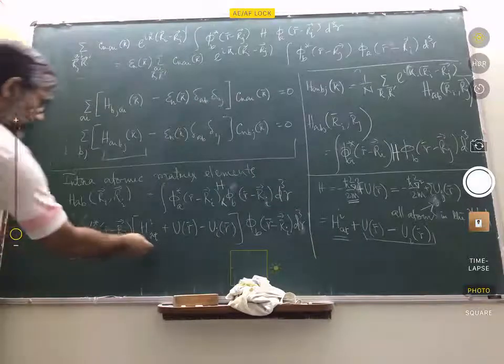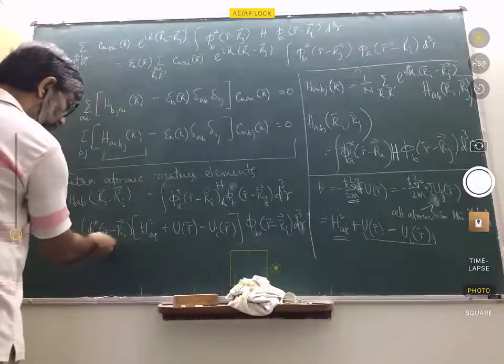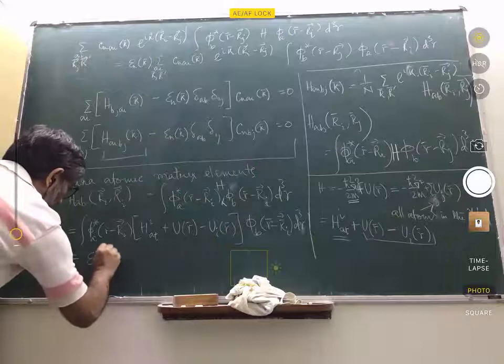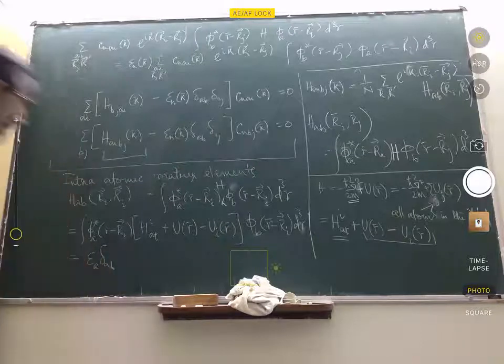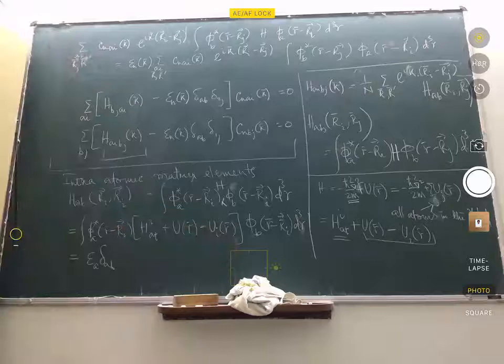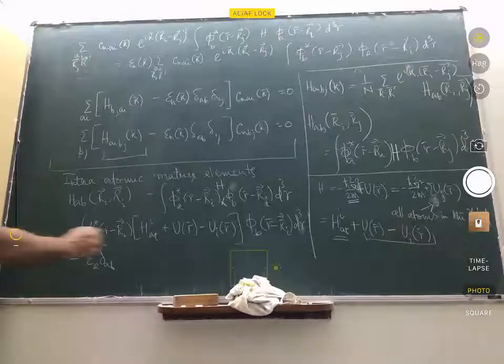Because this is the atomic Hamiltonian, it will simply give me epsilon A delta AB, because these phi A and phi B are eigenfunctions of this Hamiltonian, and they are orthonormal. So that is what I'll get from this.